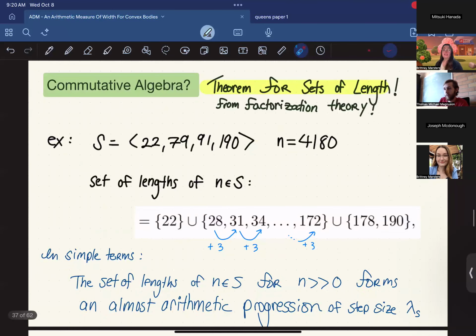And really, that's what the giant paragraph is saying. It says the set of lengths for elements in numerical semigroups, when you take sufficiently large elements, forms an almost arithmetic progression of some fixed step size. And the step size is associated to the numerical semigroup, not the element. So if you take different elements, you're going to get the same step size.